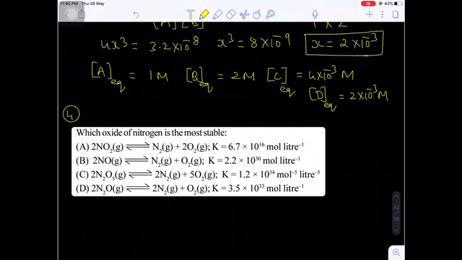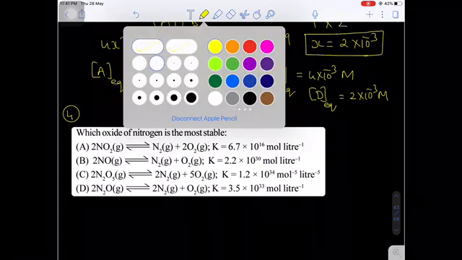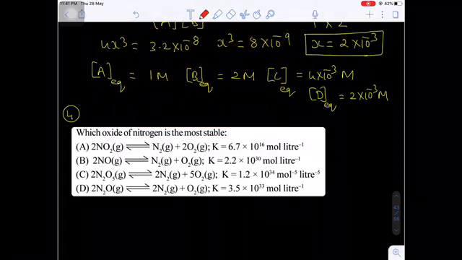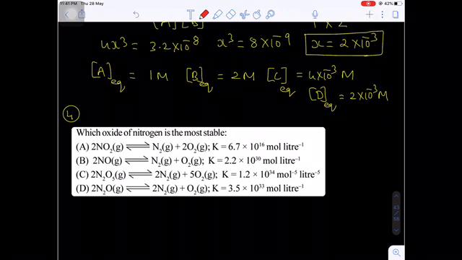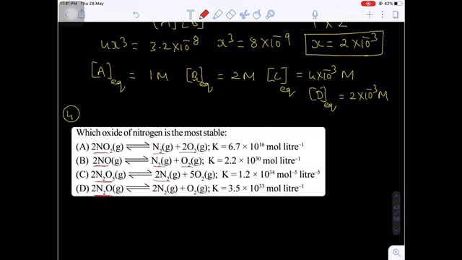Now here one question is there. Which oxide of nitrogen is most stable? Now here the concept is that nitrogen oxide is present on the left hand side, and on the right hand side the nitrogen oxide decomposes to give nitrogen and oxygen. Now the question is the most stable oxide of nitrogen.